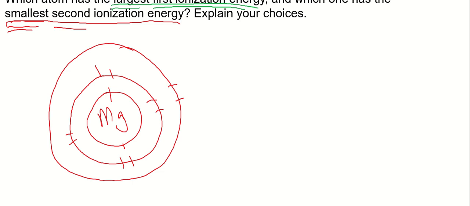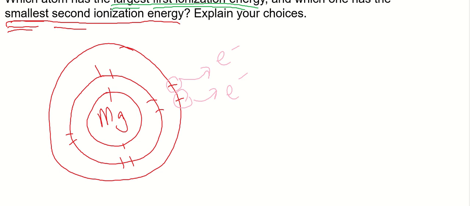So now both of these are going to get removed much easier than any of these core electrons. These are the core electrons. So those first two on the valence, not too bad. Anything after that, it's going to require much more.